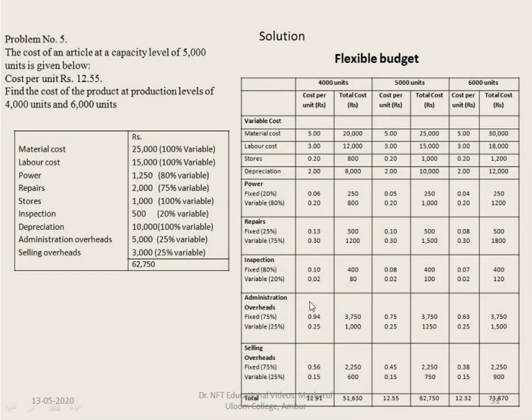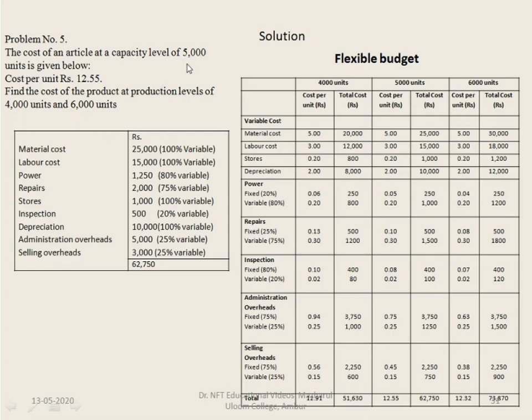Now next see one more problem. Problem number 5. The cost of an article at a capacity level of 5,000 units is given below. Cost per unit 12.55. Find out the cost of the product at production levels of 4,000 and 6,000 units.